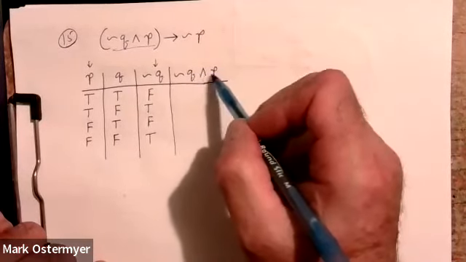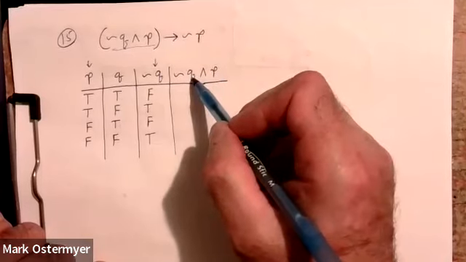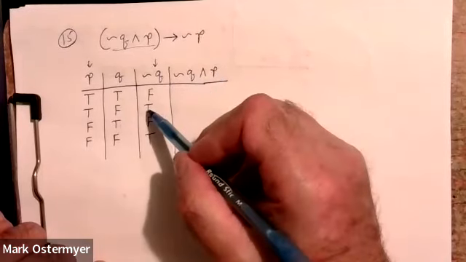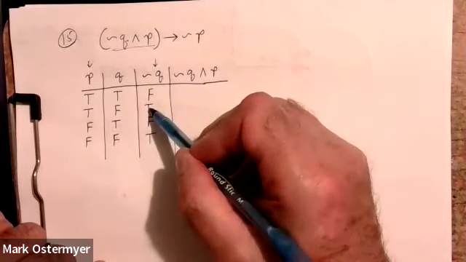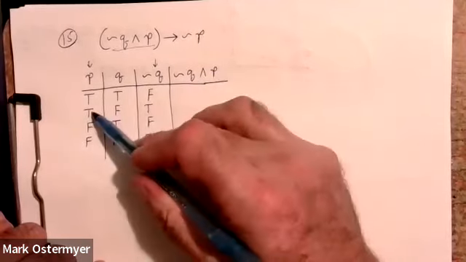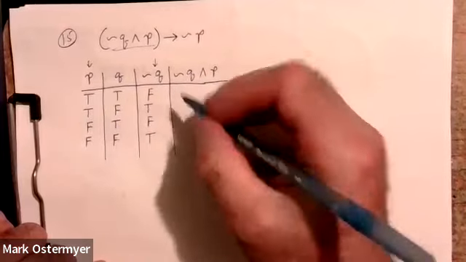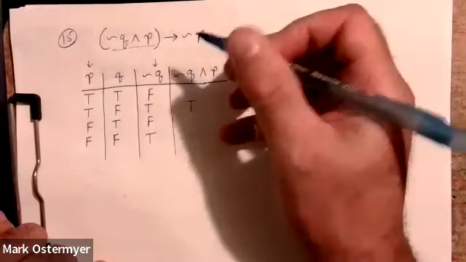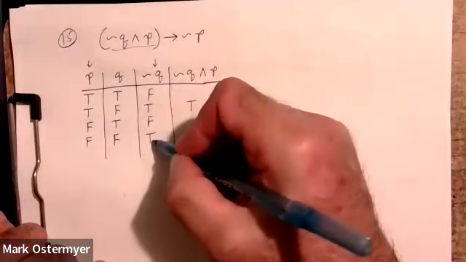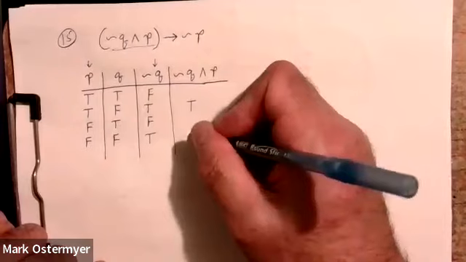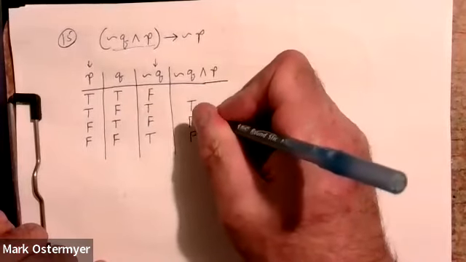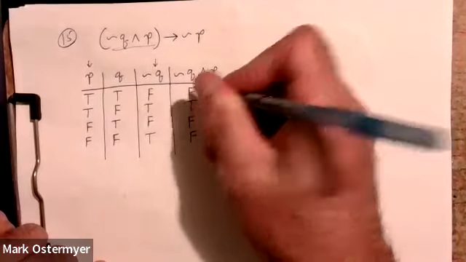Well, that only occurs right here. If not Q is true and P is true, the whole statement's true. Otherwise, it's false. Notice here, not Q is true, but P is false. This is false, false, false.